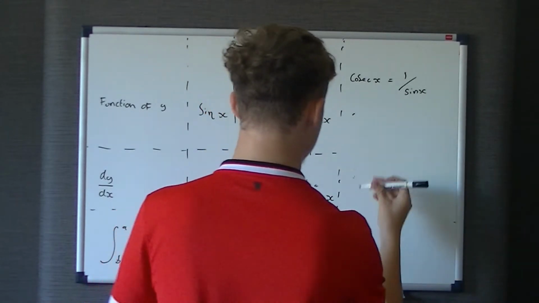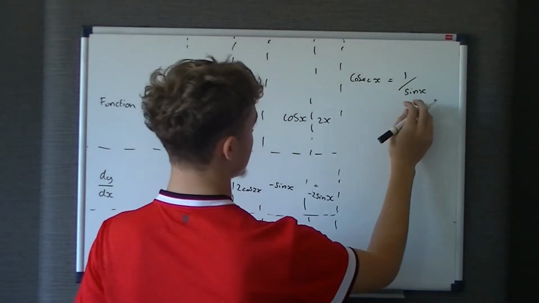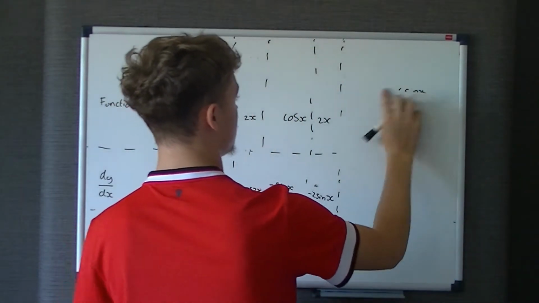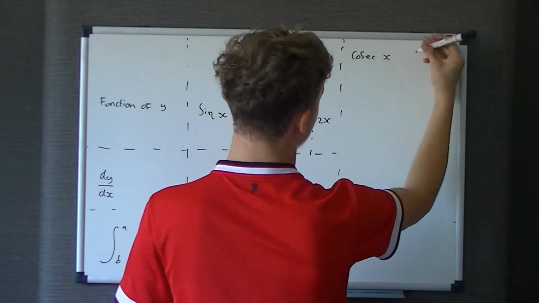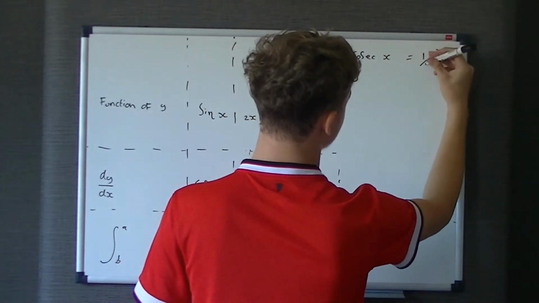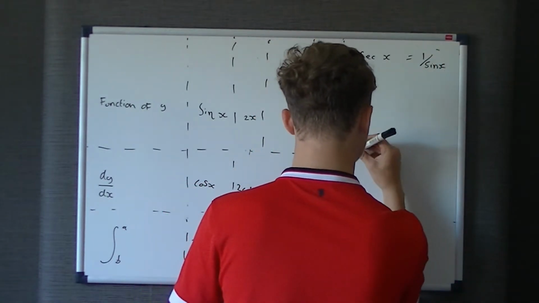Okay, so I'm just going to split these up here, because what I'm going to do with these is differentiate these ones as well. So remember we said cosec x, so if I move all this up, cosec x was actually 1 over sine x. So everything is the opposite of what you think.